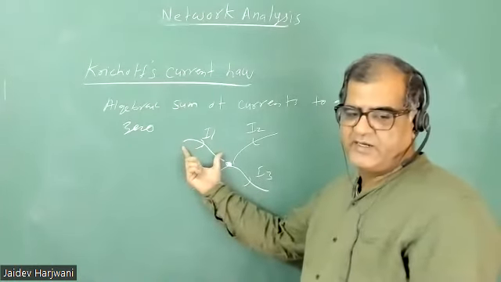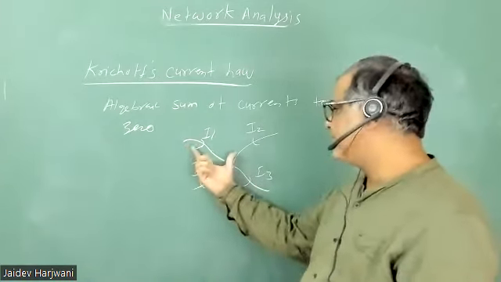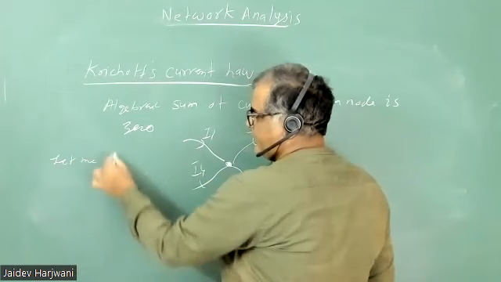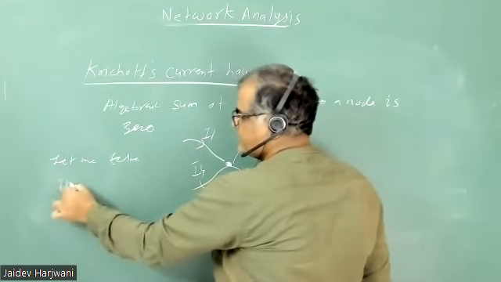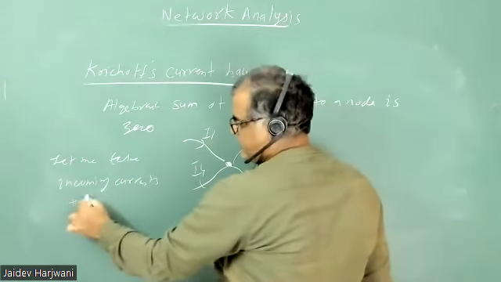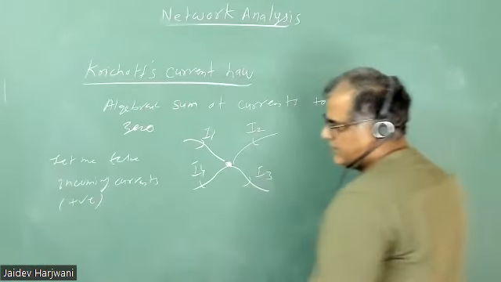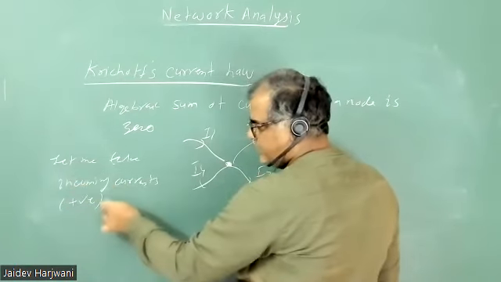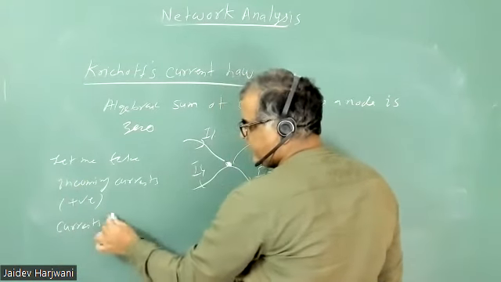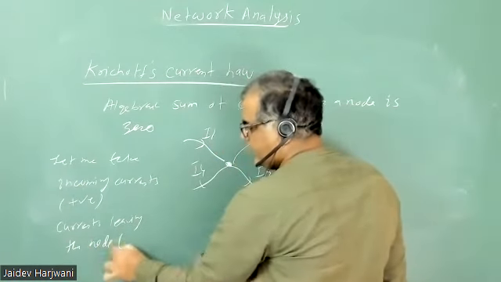I generally take outgoing current as positive and incoming current as negative, but here let me take incoming currents positive. Incoming means the currents coming towards the node, and the currents leaving the node, call them negative.